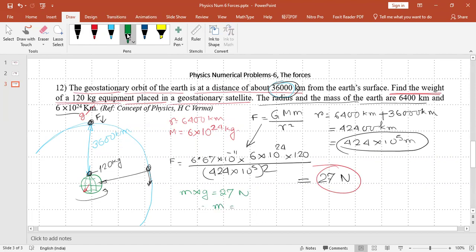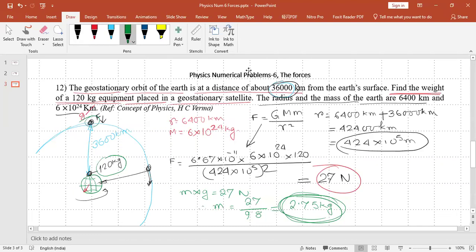Therefore, m is equal to 27 by 9.8, which is equal to 2.75 kg. This shows that the body, which is actually 120 kg on the surface of the Earth, appears to be 2.75 kg when it is in the geostationary orbit.